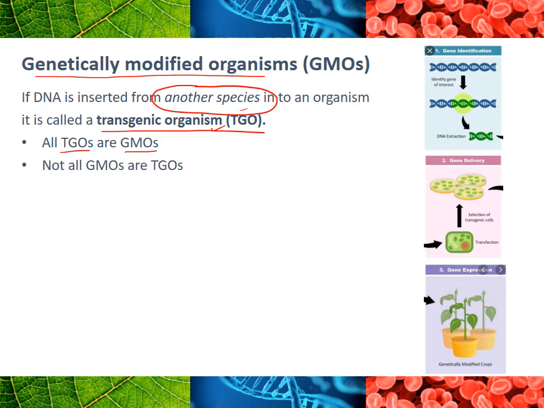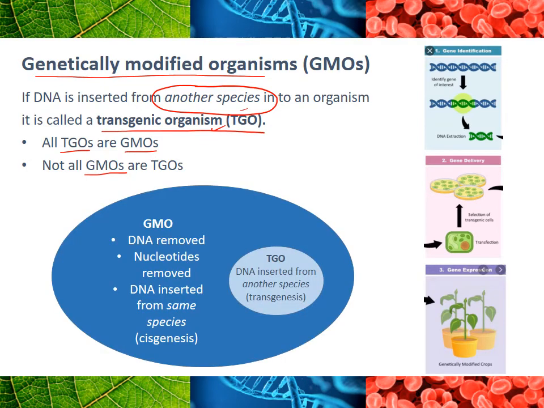It doesn't work back the other way. So you can get some GMOs that are altered with DNA from their own species, so therefore they are not TGOs. This might be a better way of looking at it. A GMO is any organism that has had its DNA altered or modified. So it could have some DNA removed. It could have just specific nucleotides removed.